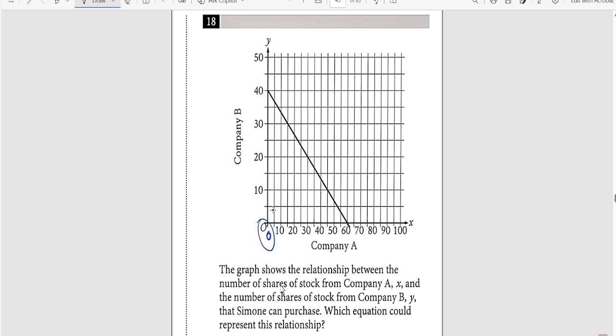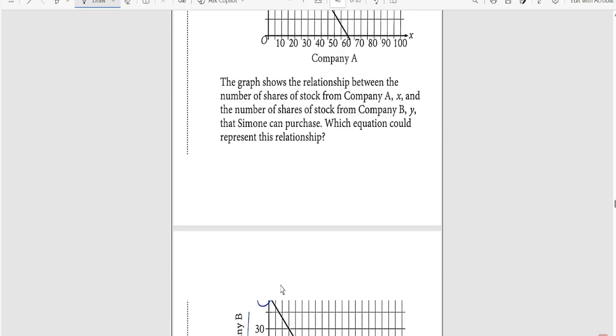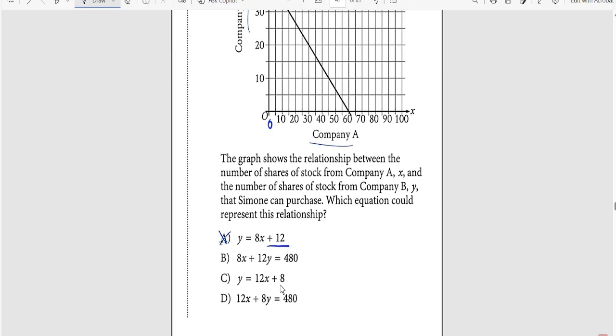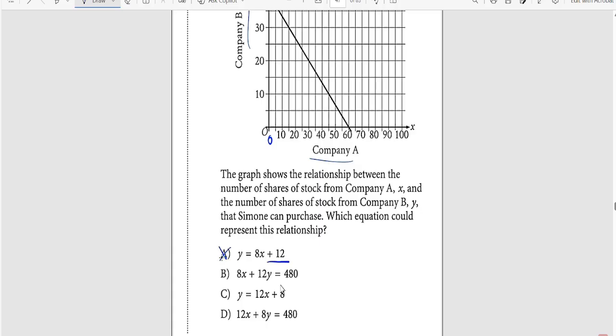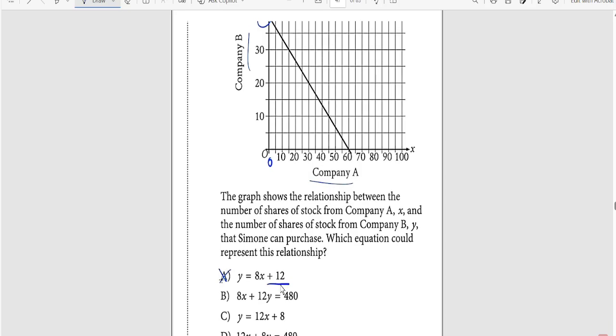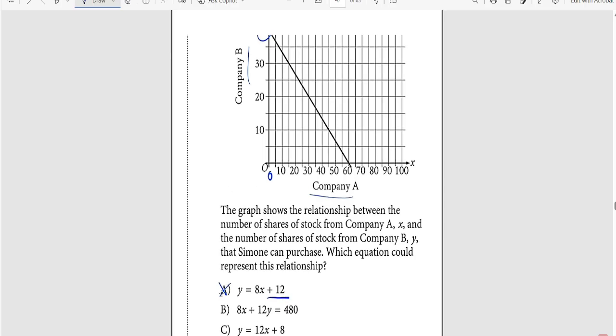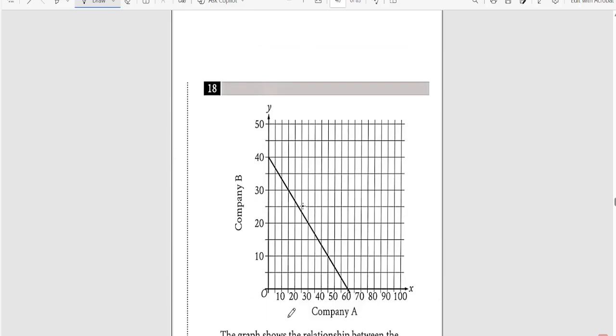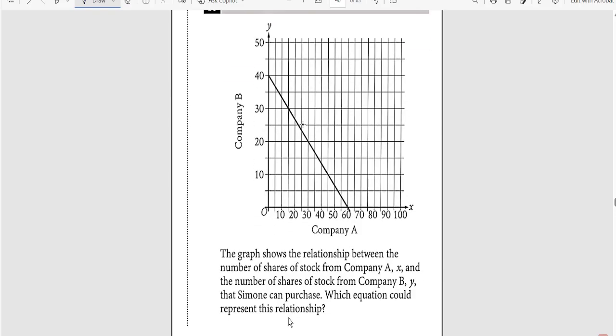Which equation could represent this relationship? Okay, we have been given options. Basically we have the x-intercept and y-intercept. We can calculate the slope and find this equation. So let's do it from this graph.